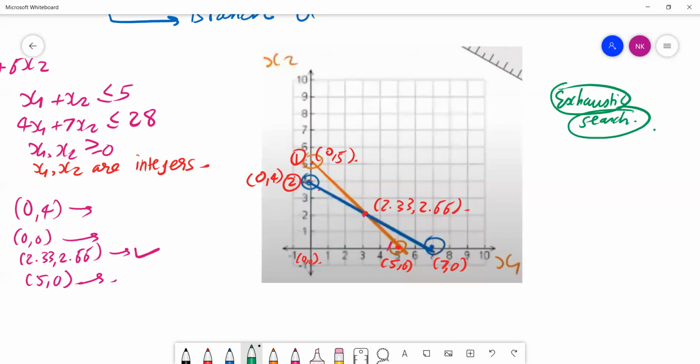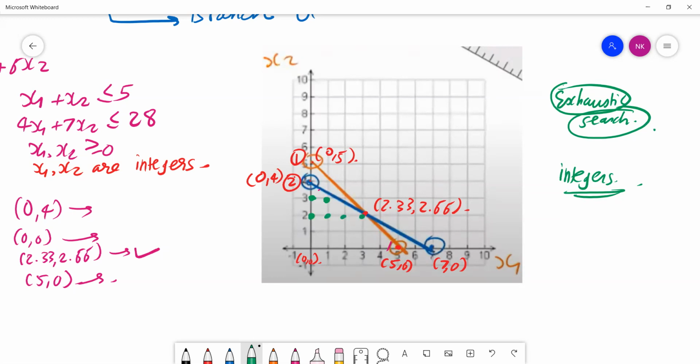Now, from the entire feasible region, just pick out all the points that are integers. Pick up all the points that are integers. So let's say this is an integer point, I'm just doing it with the green. This is an integer point. This one is an integer point. And this one is also an integer point.